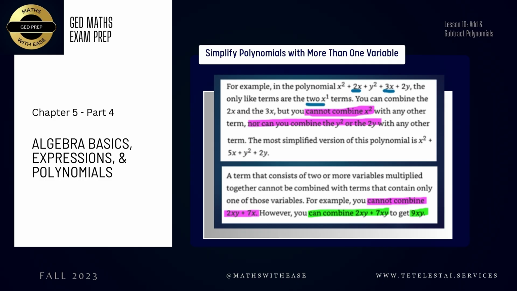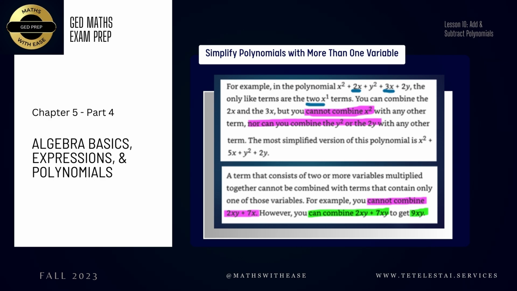A term that consists of two or more variables multiplied together cannot be combined with terms that contain only one of those variables. So for example, you cannot combine 2xy plus 7x. However, you can combine 2xy plus 7xy to get 9xy.